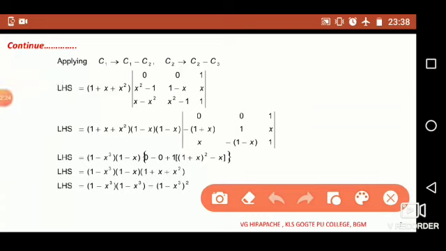Then C1 changes to C1 minus C2, we have the elements 0, x square minus 1, x minus x square. C2 changes to C2 minus C3, we have the elements 0, 1 minus x and x square minus 1. Third column as it is.